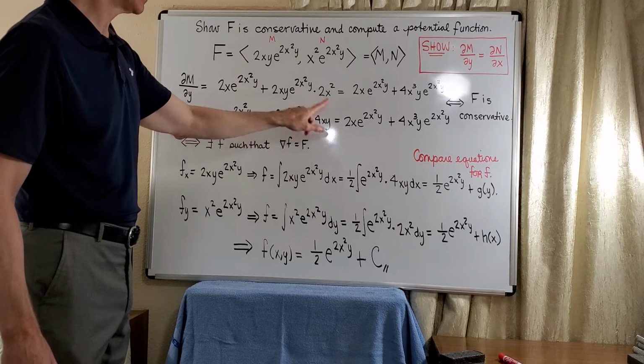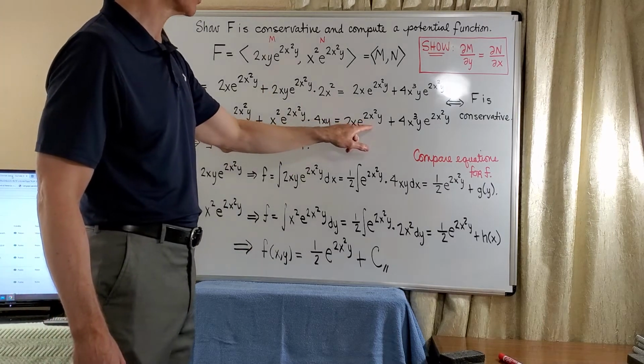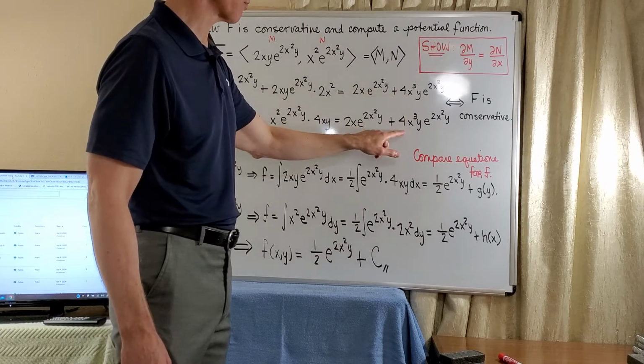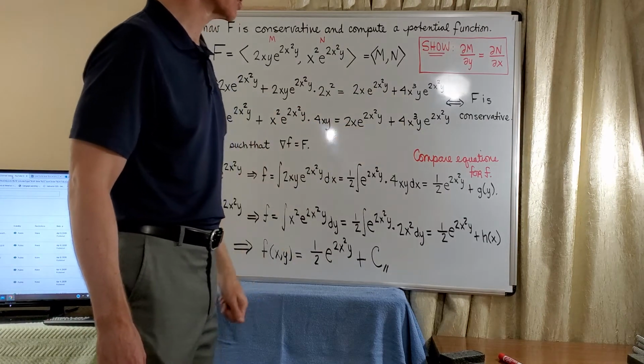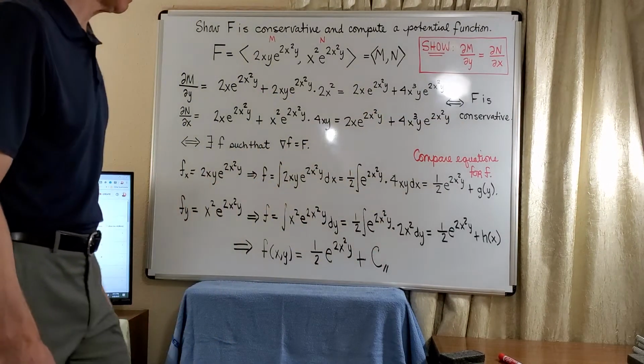And so again, transposing to the front, we have the 2x e to the 2x squared y, and then another term just like this one, 4x cubed y e to the 2x squared y. So f by definition is conservative.